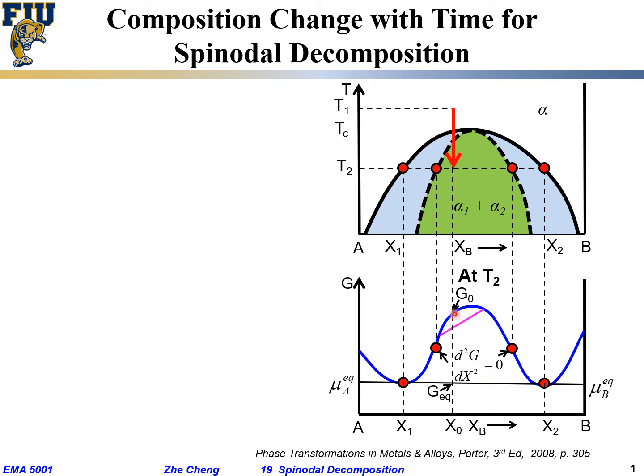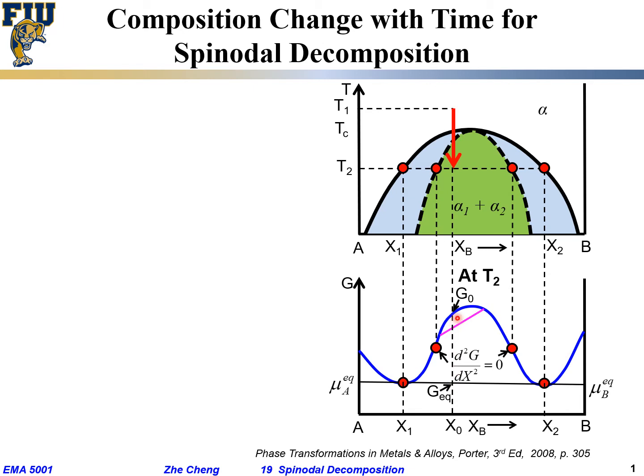And then for any initial composition, x0 here, the initial Gibbs free energy of the system is pretty high, and the equilibrium is pretty low. This is a very large driving force.